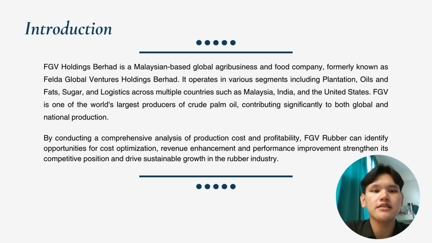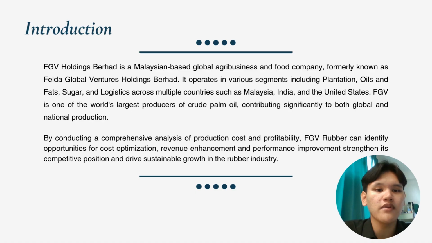Next, introduction. FGV Holdings Berhad is a Malaysian-based global agribusiness and food company formerly known as Felda Global Ventures Holdings Berhad. It operates in various segments including plantation, oil and fats, sugar and logistics across multiple countries such as Malaysia, India and the United States.